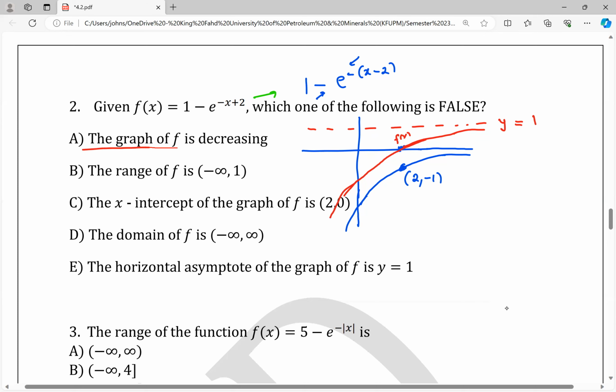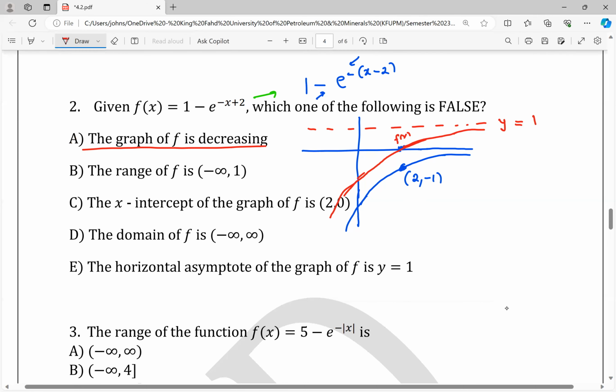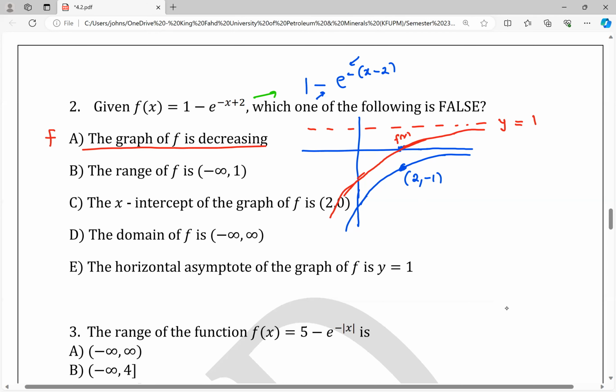Is this graph decreasing? Definitely no, because this graph is rising from left to right. So this is automatically false, yes? Now, this one is false, so let me just use f. The range is from minus infinity to 1.